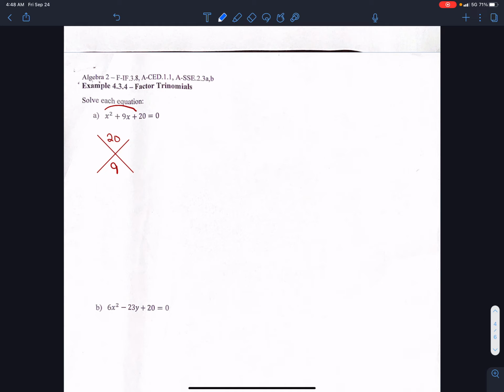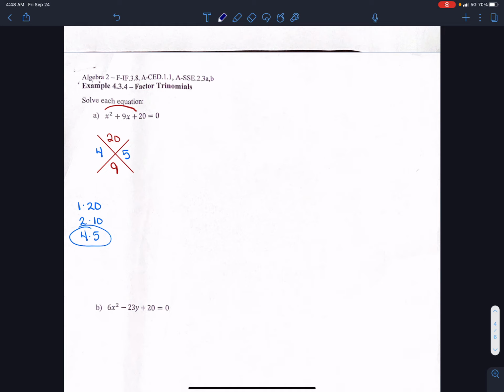Well, there's 1 times 20, 2 times 10, and 4 times 5. Okay, so for us, in our case, we're going to use 4 and 5. They're both going to be positive. 4 times 5 makes 20. 4 plus 5 makes 9.